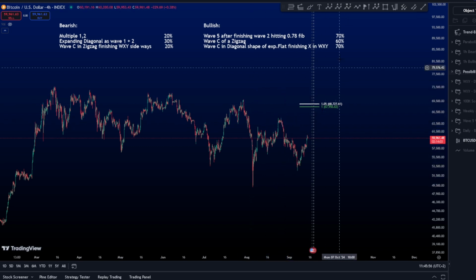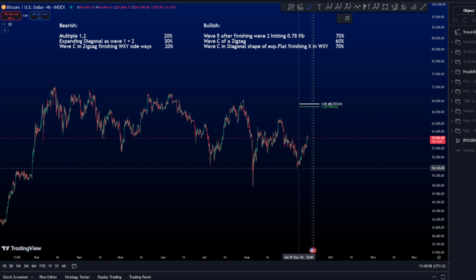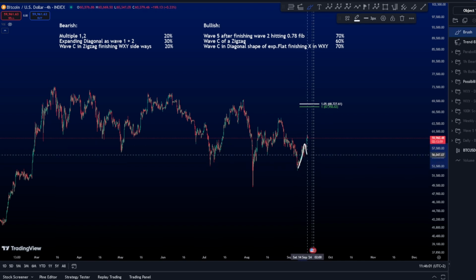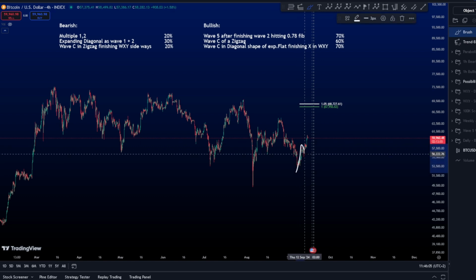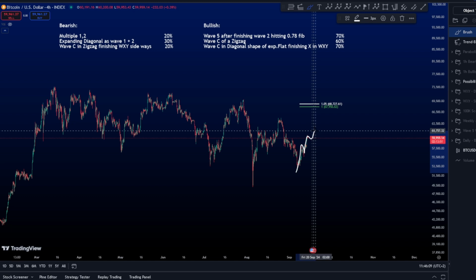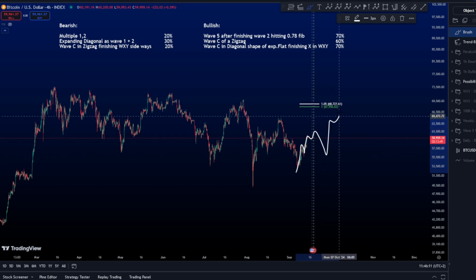So this scenario has a very, very high potential, and what you want to see, of course, is 5 waves towards the upside. We have already seen now kind of a diagonal, which is not yet finished, which could transform to a 1, 2, 3, 4, 5.